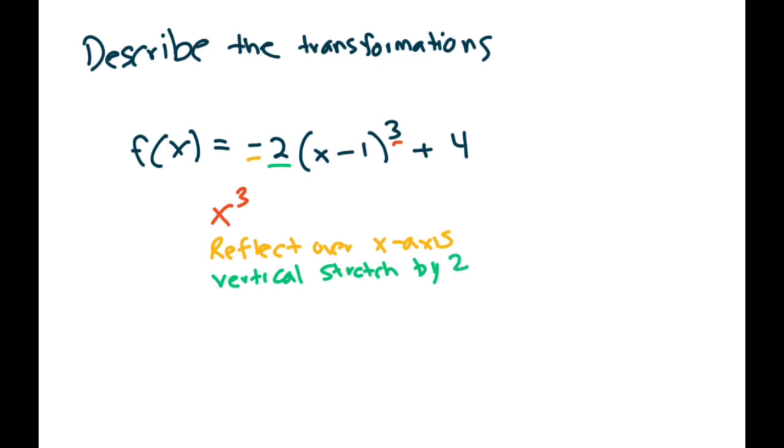The minus 1, remember anything inside moves it left and right, and it's opposite of what you think. Just going to move our graph right 1. And then the plus 4 on the outside is going to move our graph up 4. And these rules would follow the same if it was x to the 4th.